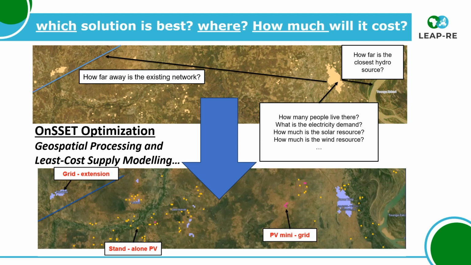Onset is therefore the perfect tool to answer our question posed earlier for which settlements should get which options. Using the geospatial processing and least cost supply modeling capabilities of Onset, we can answer this question for every settlement in a region or country.